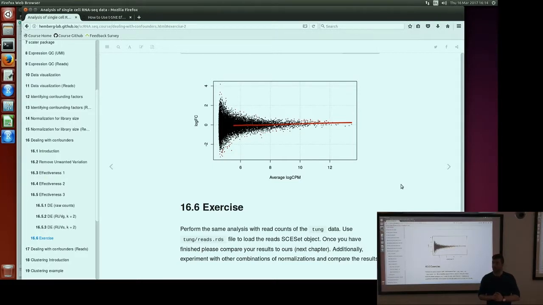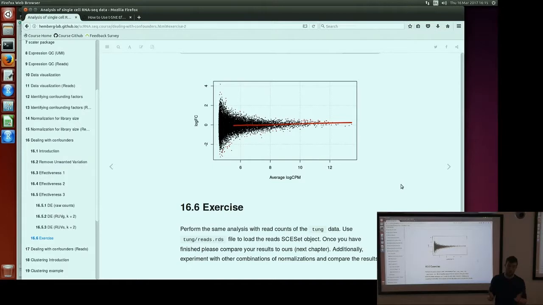Yep. So particularly in the RUVS, does that perform comparably to what we see including a blocking factor in the edgeR model, for example? Because you can just specify the batches in the GLM, right? So the question was, does this RUVS factor that we've identified perform similarly to fitting a blocking factor in the GLM?